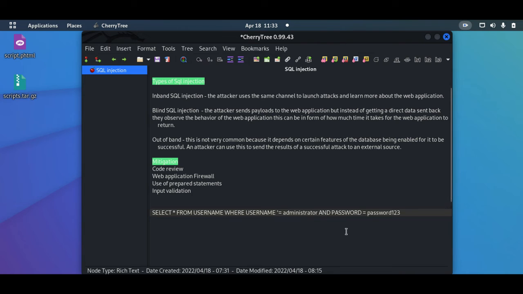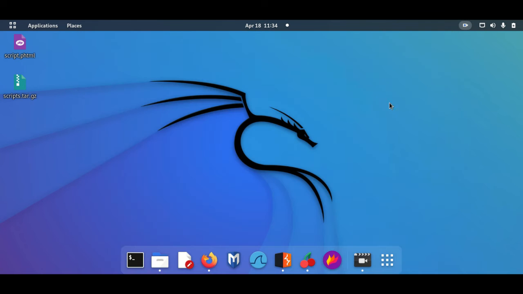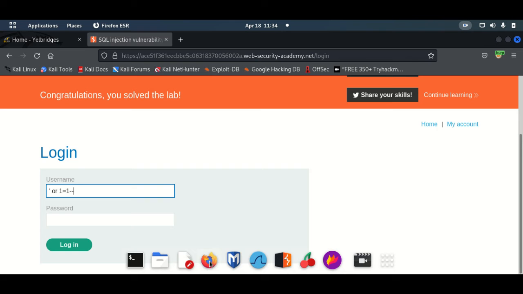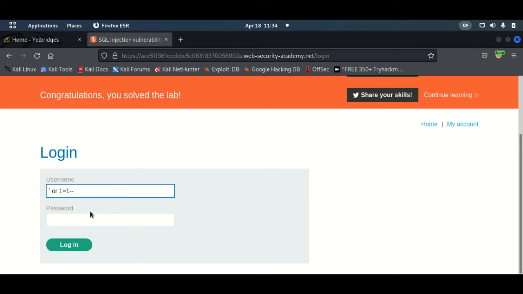Nothing is going to be supplied because you didn't supply any username. So now we have an empty SQL statement: select star from username, where username, nothing, since we broke out of the SQL statement, and then or 1 is equal to 1. Since this is always going to evaluate to true, we are going to be logged into the web application.